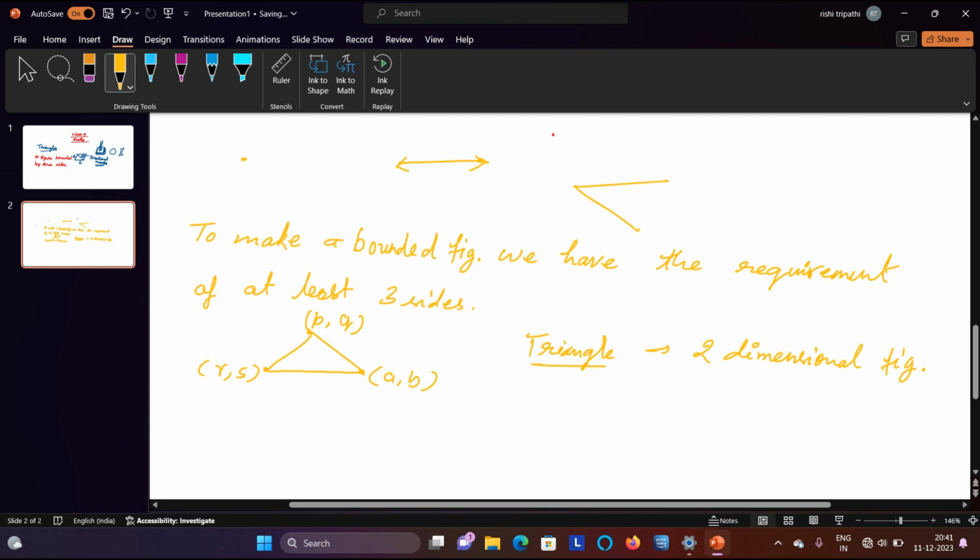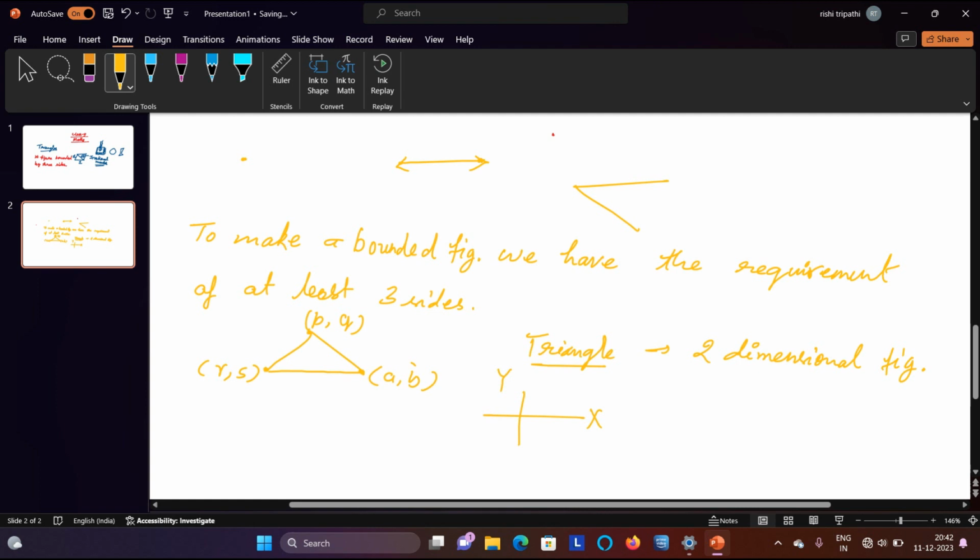That's why here you are finding two coordinates, A comma B: x coordinate and y coordinate, x axis and y axis. Here the z is absent.